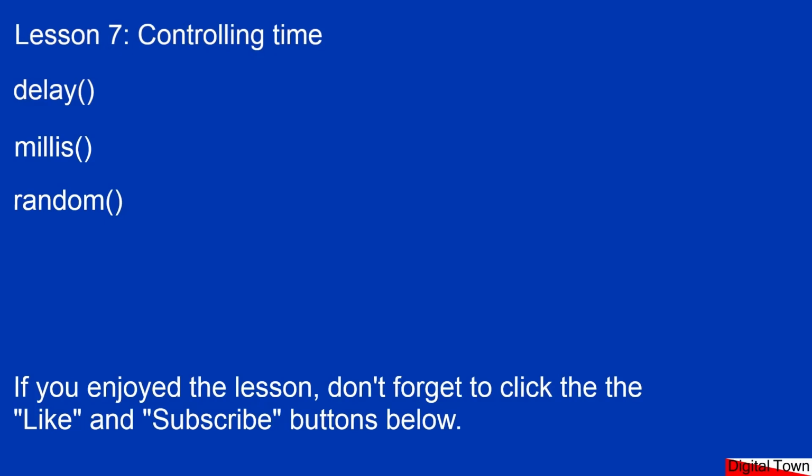We've then looked at millis, and we've seen how by using millis, different parts of the program can run on their own distinct timing. And then also, as an added bonus, we've seen how the function random works, how you can have a start value and an end value, and it will give you a random number that's generated from within that.